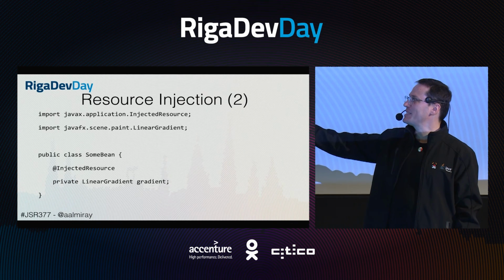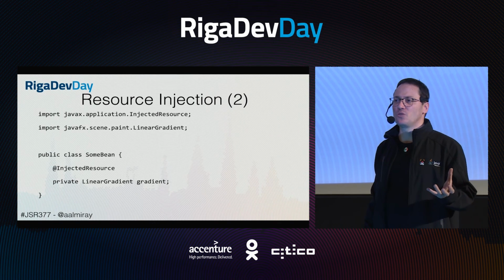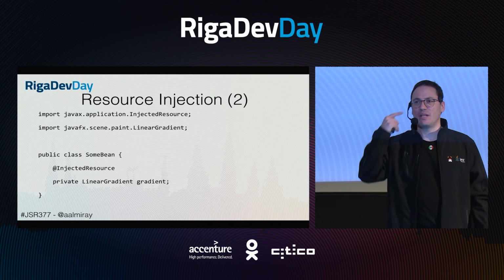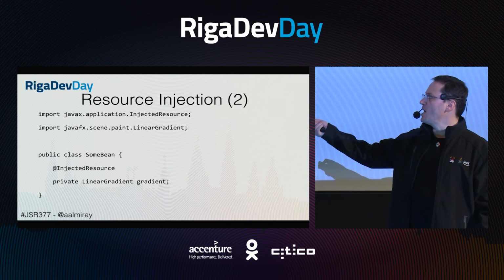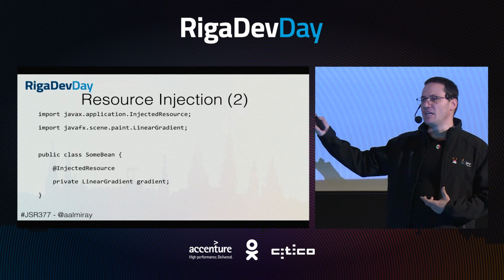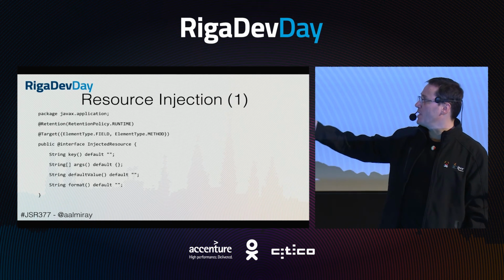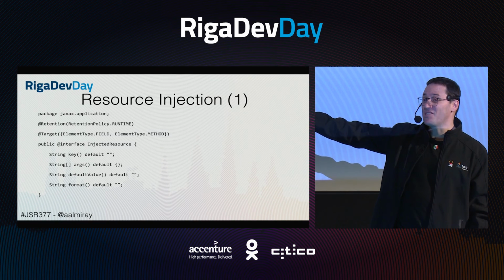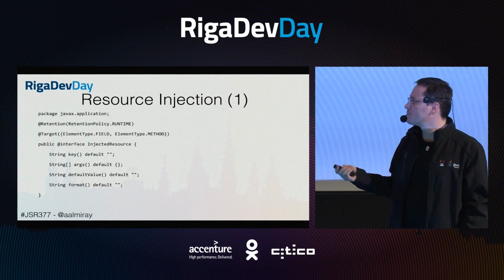Perhaps it might make sense for the injected resource to also have a link to a class that could serve as a converter type, in case this type is not already registered with the implementor. I don't know, we are still discussing if that particular converter has to be there or not. But at the very least, the key, the values, and, the way that I show here, if there are additional arguments for you to resolve this as if it were a message, so you can parameterize the key.